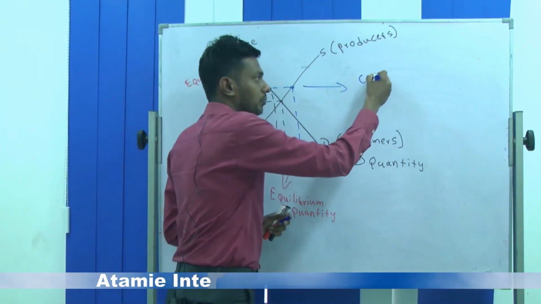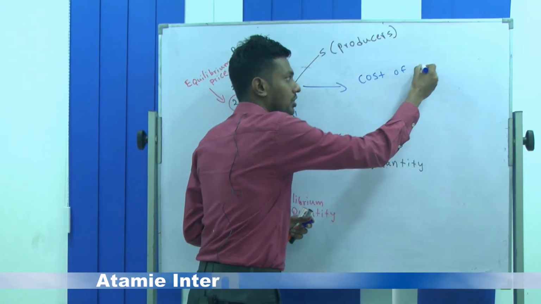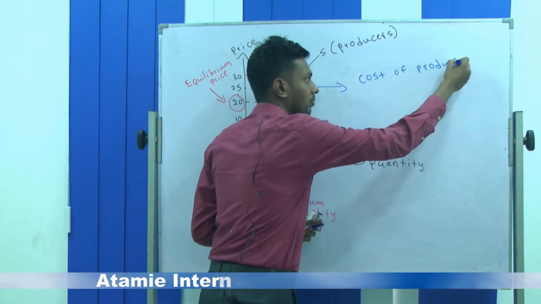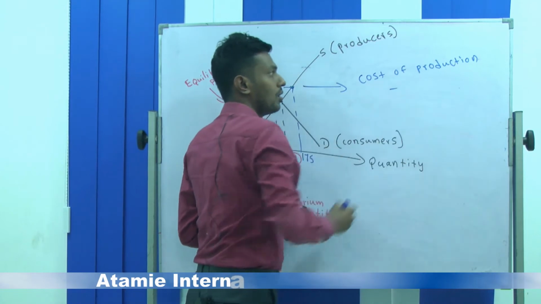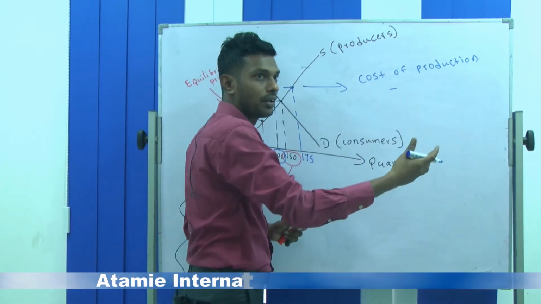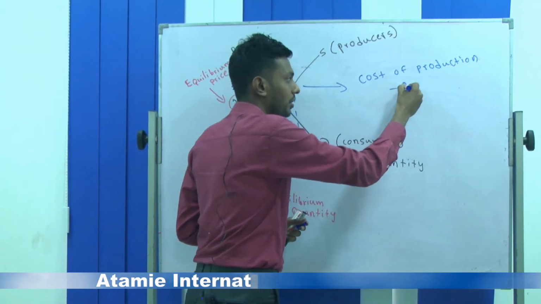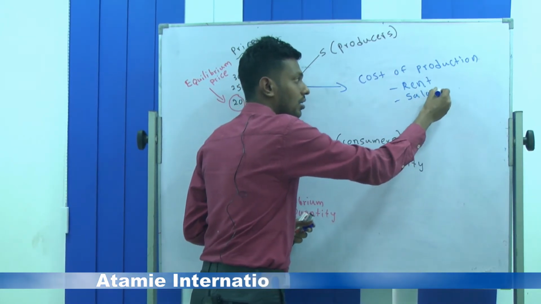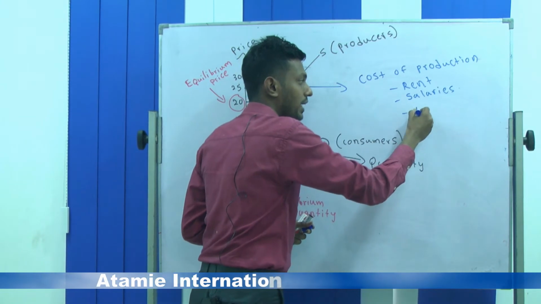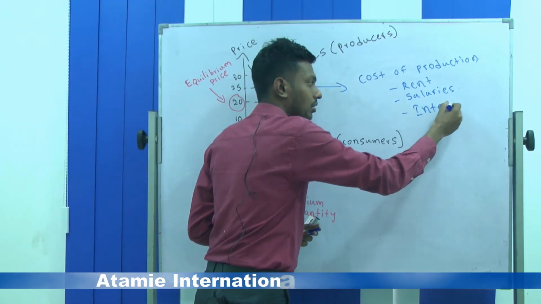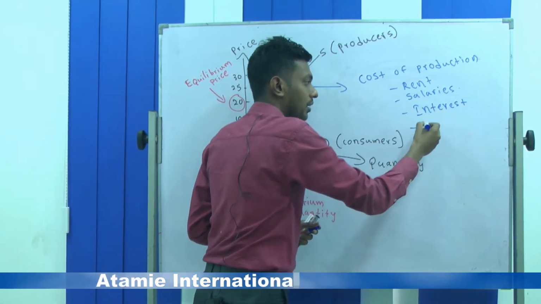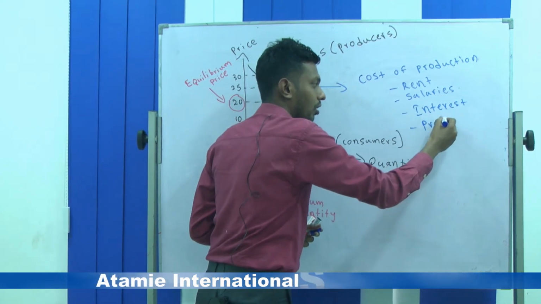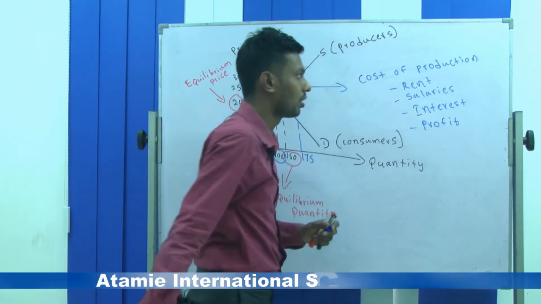Cost of production includes the costs for the land they have paid, the rent, salaries for their laborers, and interest on capital they have obtained, and then comes the profit of the particular producer, the entrepreneur.